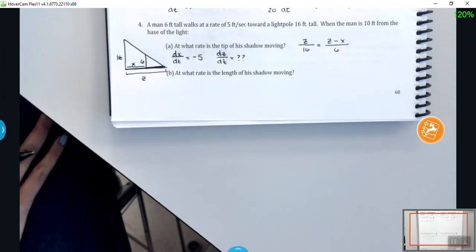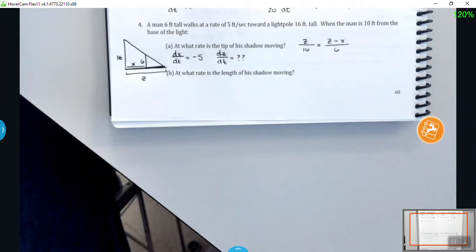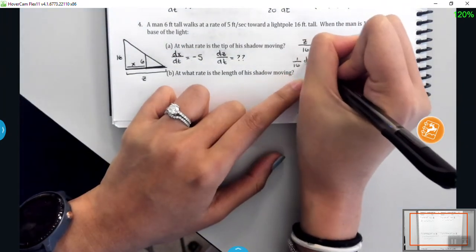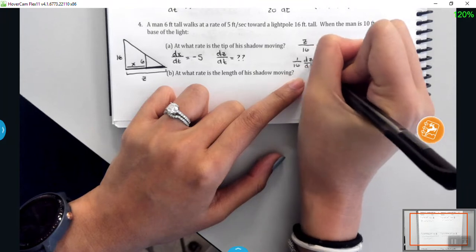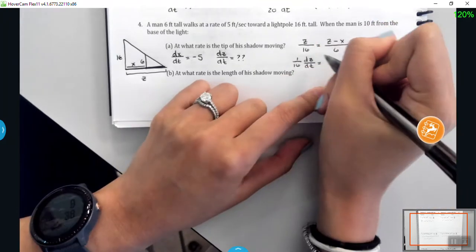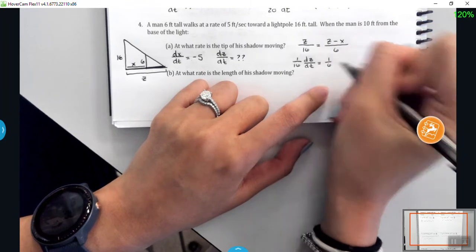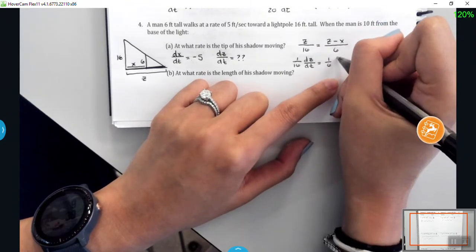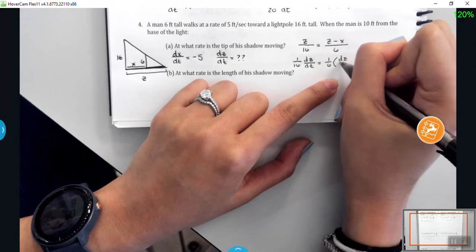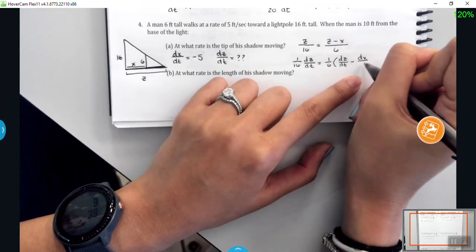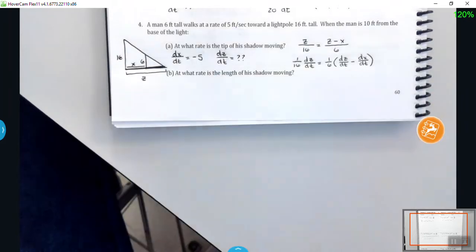Now we take the derivative. This would be 1/16 dz/dt equals, we can pull out a 1/6, dz/dt minus dx/dt.